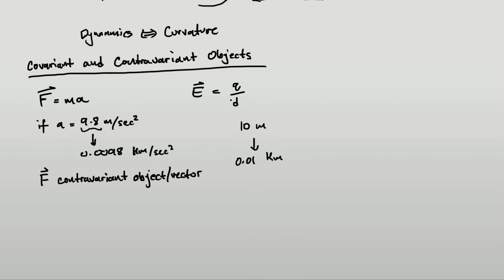So as we decrease the denominator here, the value of E actually increases. So in that case, E, the electric field, transforms covariantly. So now we have these two different fundamental objects. One is a contravariant vector, and the other is a covariant vector, right? And this all has to do with transformations between bases.